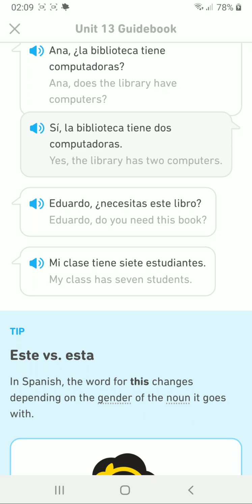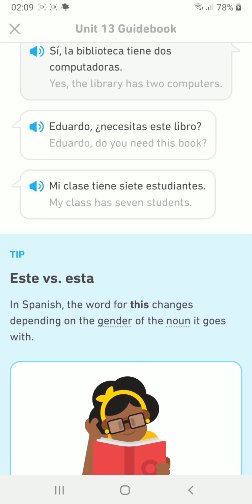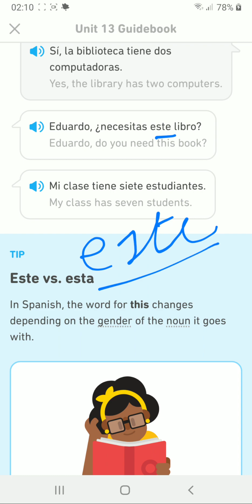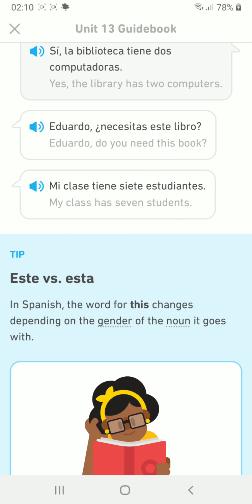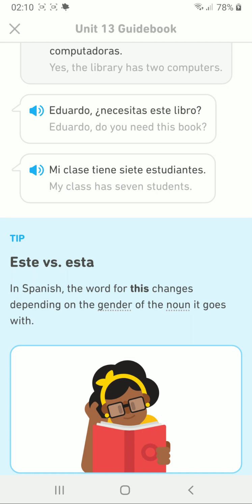So Eduardo, do you need this book? Here it's interesting because este means this. It can be esta, but esta would not be with the accent here. This is for the verb. Okay, so just for you to know.